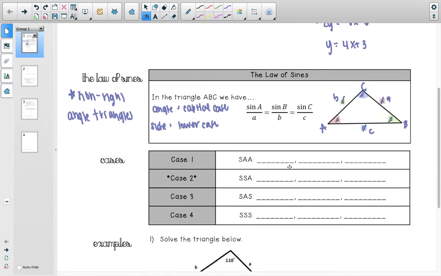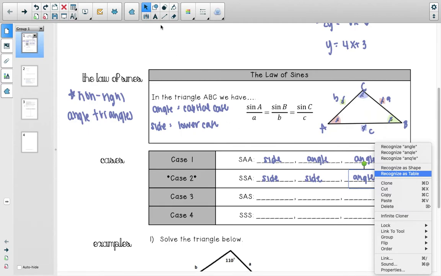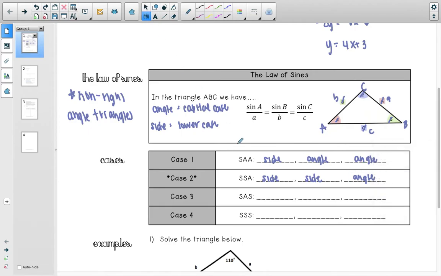So there's different cases of information you can get, and these should look familiar from geometry when you did similar triangles. SAA is side, angle, angle. Obviously I spelled this one backwards on purpose, so I did not get myself in trouble because this is going on the internet. That'd be the last place I'd want to spell that word by accident.